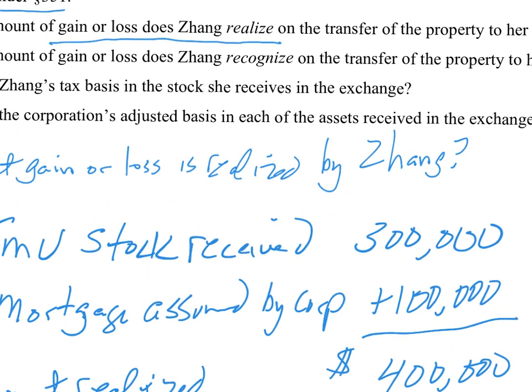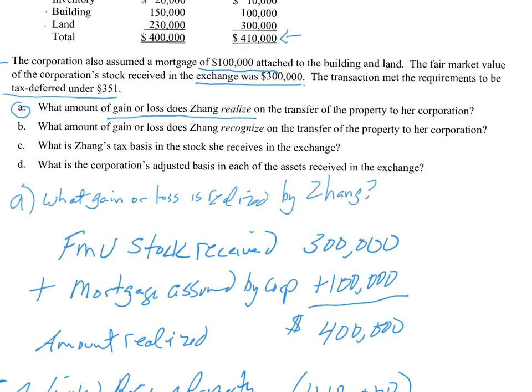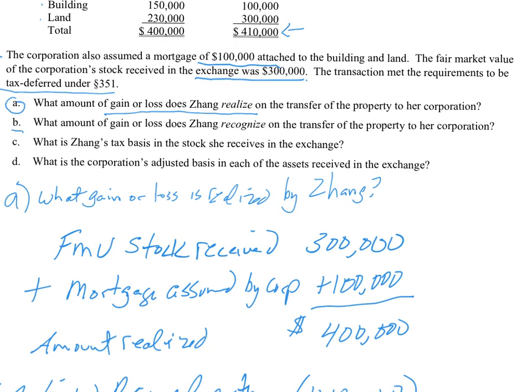Now part B, if we expand this back up, part B, what amount of gain or loss does Zhang recognize on the transfer of property to her corporation? So remember, realized and recognized are not always the same, right? Realized is more normal, but there are specific situations where the tax code says you do not have to or you do not get to recognize the gain or loss.